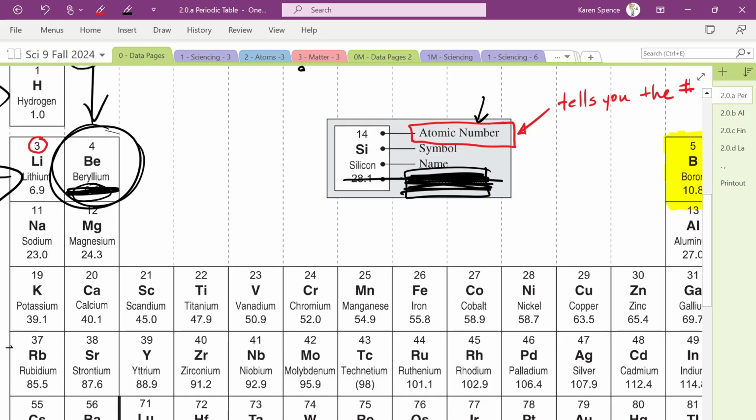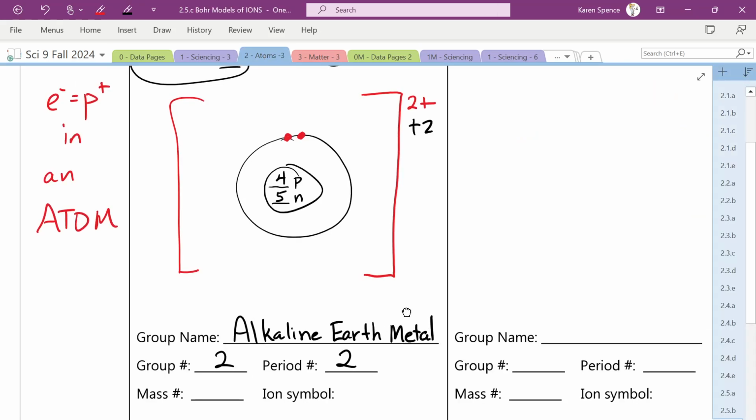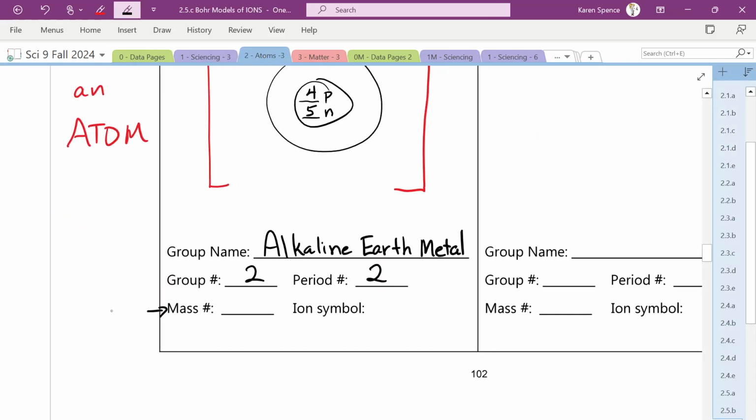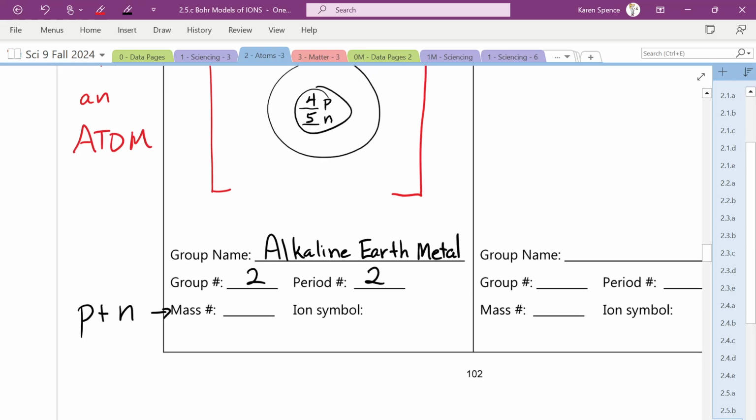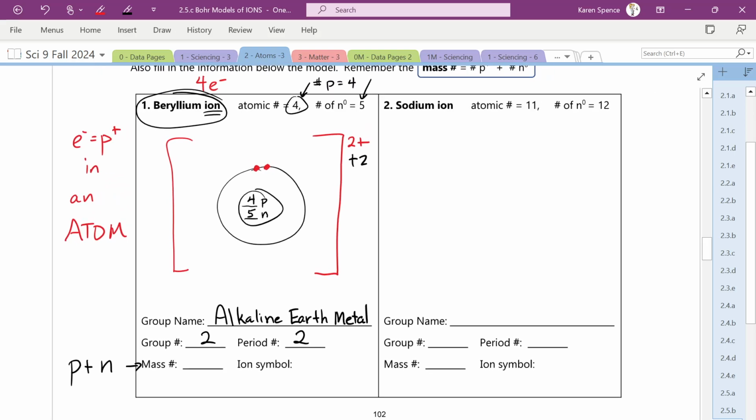So protons plus neutrons. So we go back to here. Mass number is always the protons plus the neutrons. So we go back up here and we say, if I have atomic number 4 and neutrons is 5, 4 plus 5 is 9. Okay?